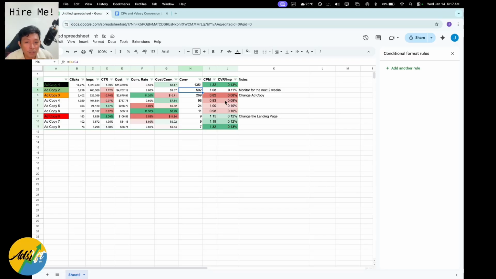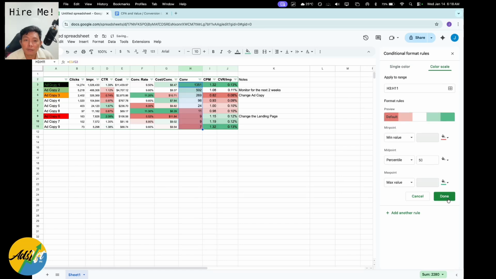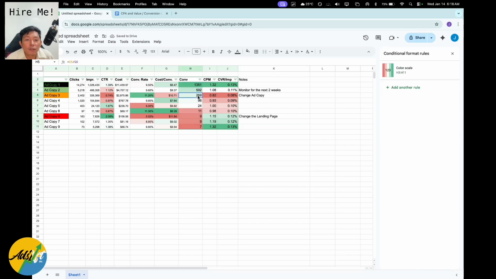So in the next one, it's justified through conversions. However, the CTR is very low at the moment, so we need to adjust a bit of our ad copy here, and here, high CTR, low conversion rate.